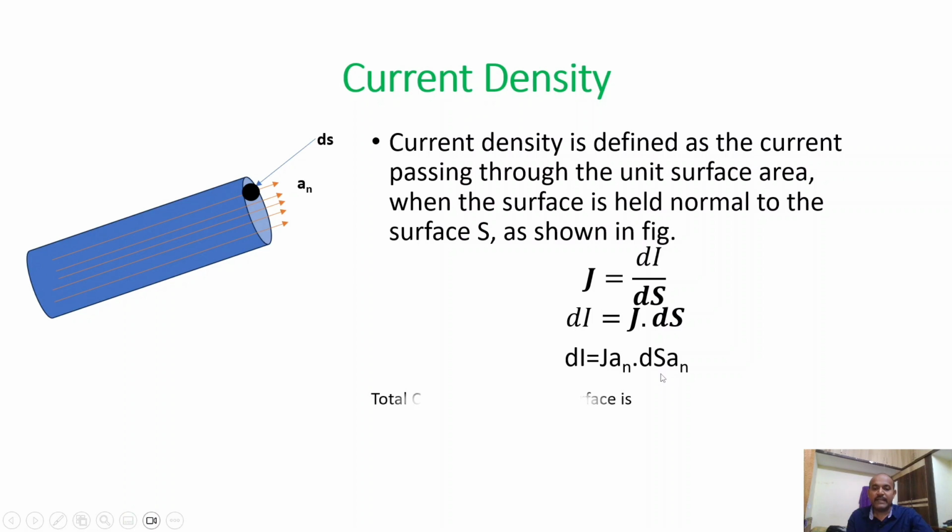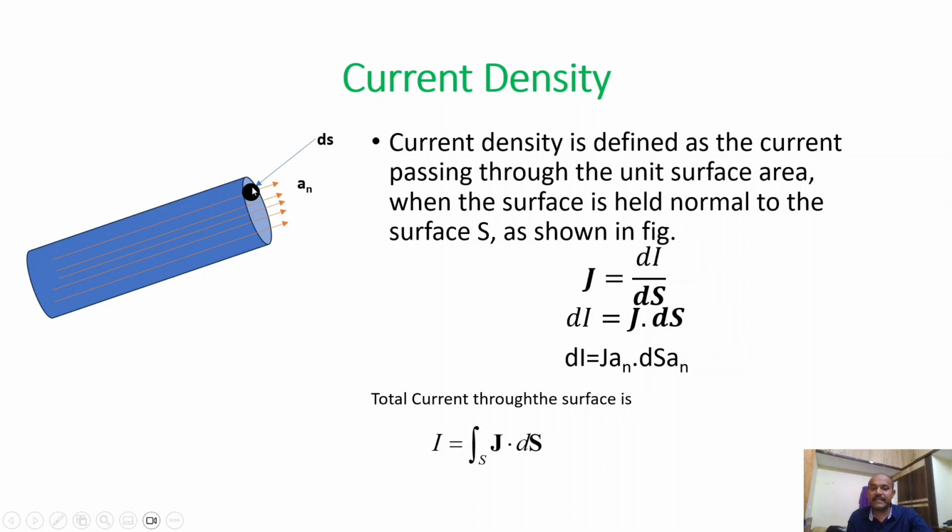If I integrate this throughout the surface S, then I get the total current I, which equals the surface integral of j dot ds. So this is the total current passing through the entire surface.